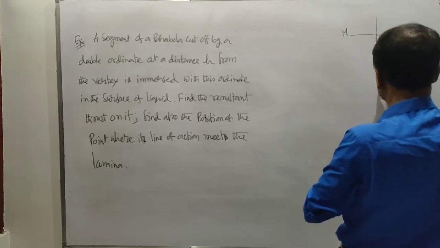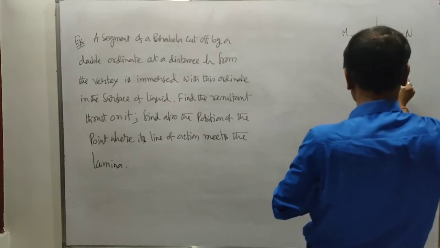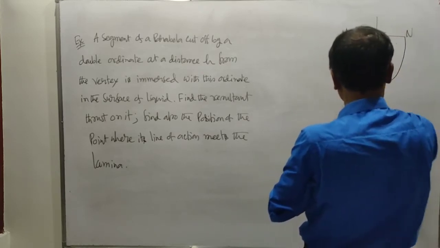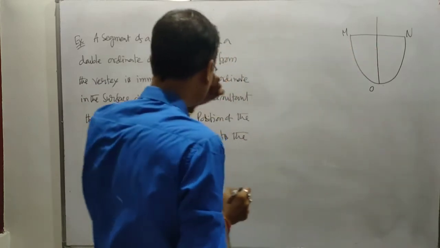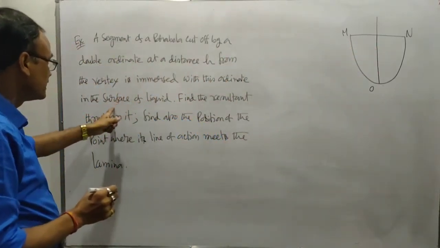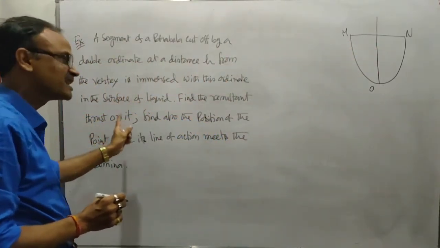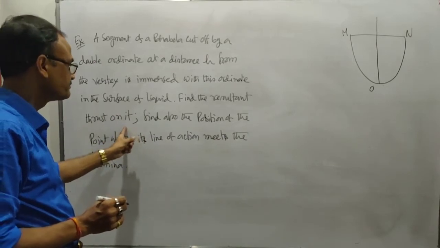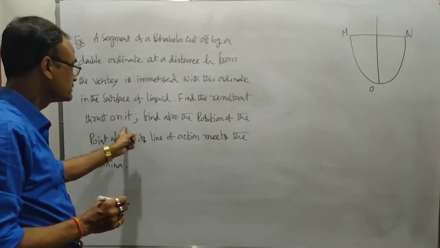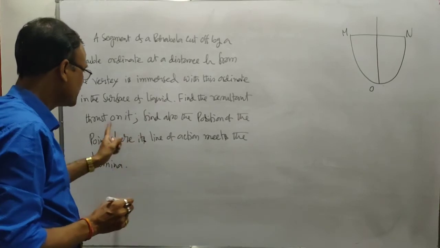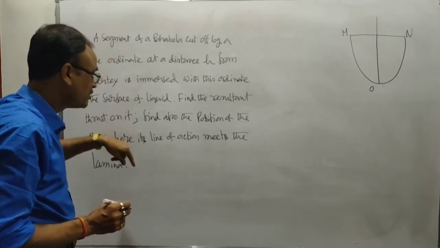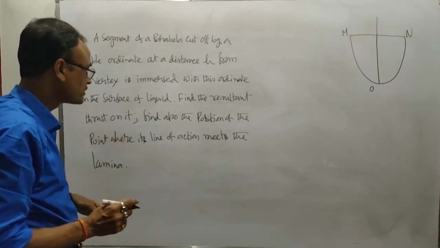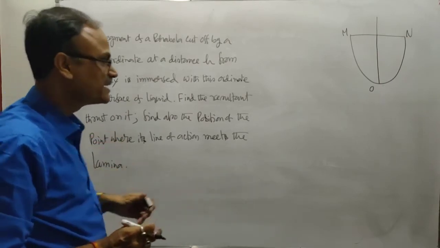Suppose O is the vertex of the parabola, MN is the double ordinate, and the surface is the liquid. Find the resultant thrust on it. Find also the position of the point where its line of action meets the lamina.